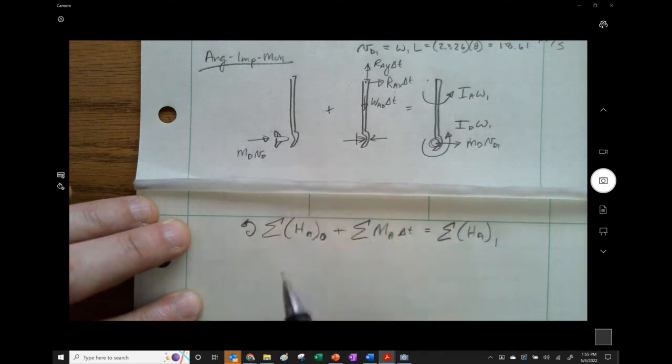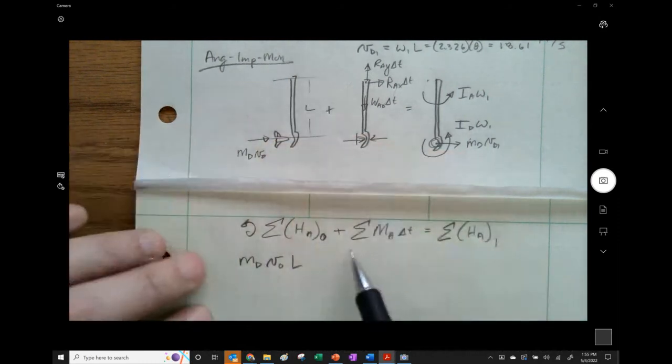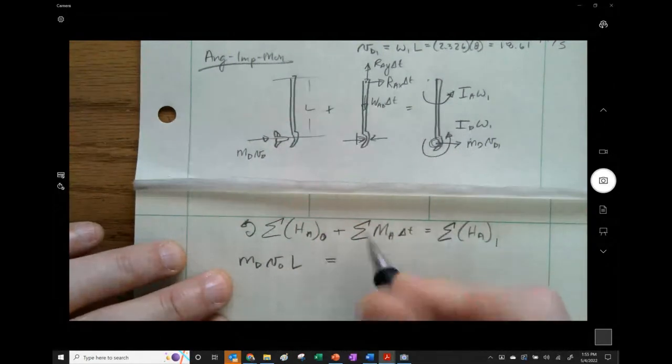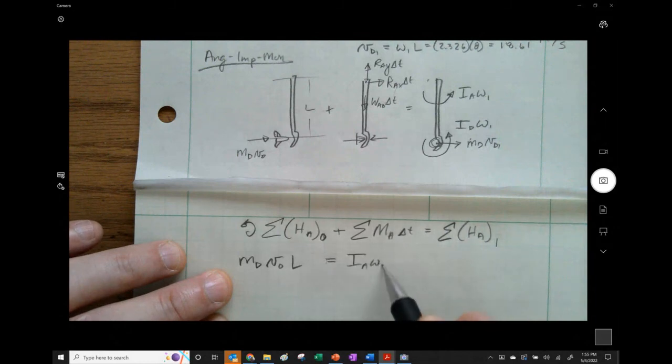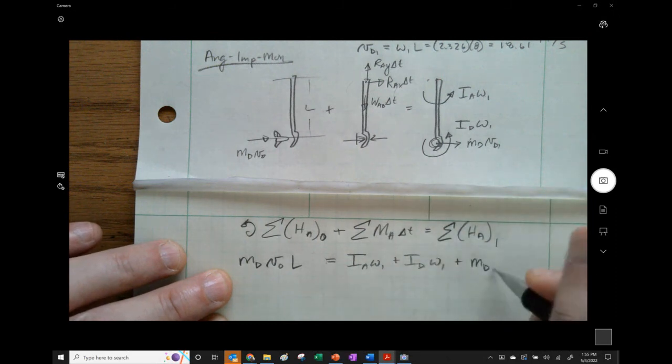So this thing has M, D, V, O, and then it's going to be L because that's the distance right into there, we're assuming, and then nothing else coming in here is going to be equal to IA omega 1 plus ID omega 1 plus, all right, MD VD1, and then this is also L.